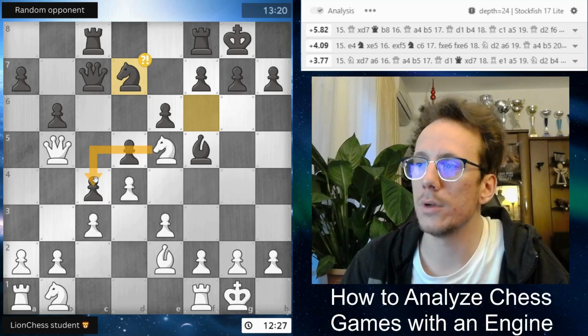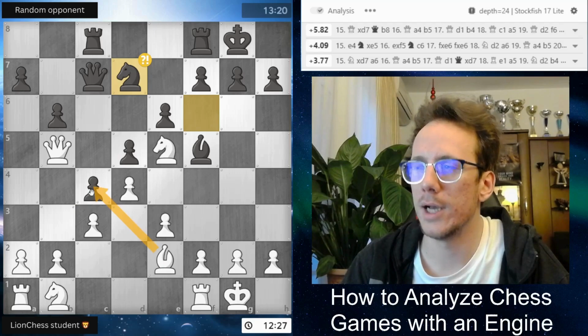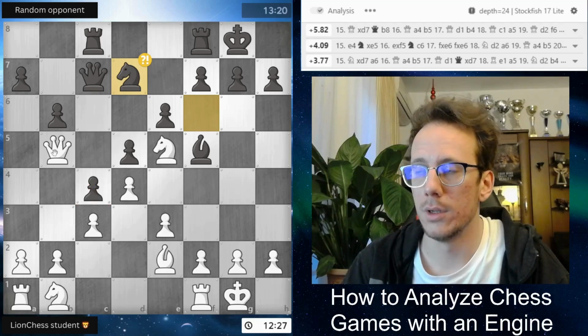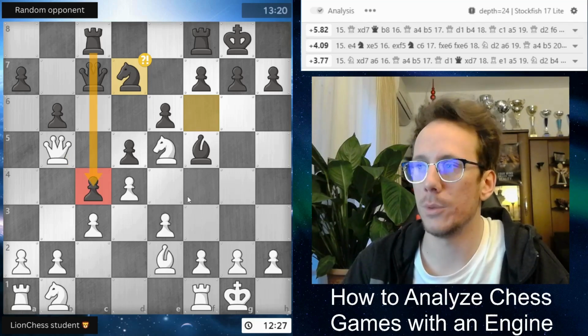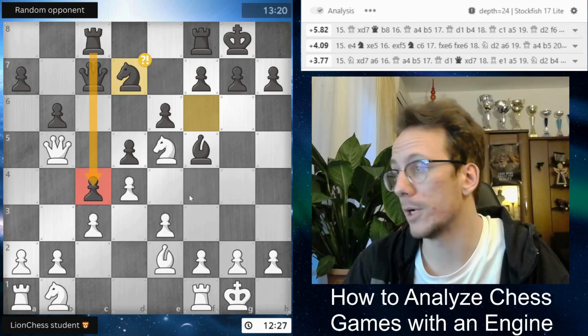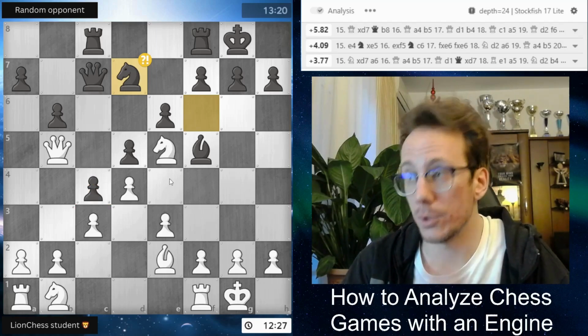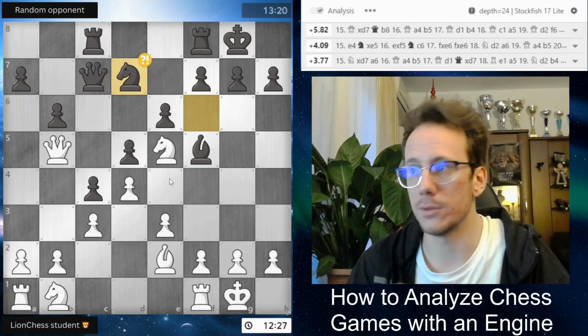So you would go, oh, if I take this, my opponent is going to take, and then I would take with the bishop, they take with the queen, I take with the queen, and then they take with the rook. And I have nothing back to recapture with, so I would lose pieces in that exchange. And you have to go really slow to make sure you're not missing any piece or something like this.